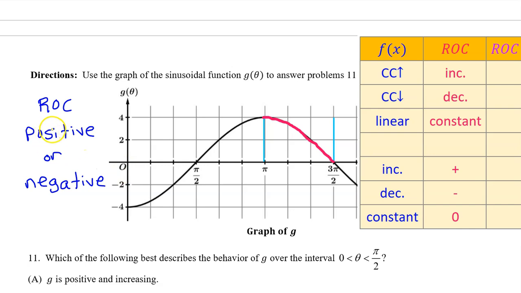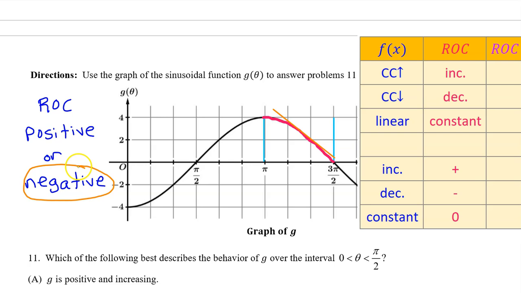Let's first decide if the rate of change is positive or negative. There's two ways to think about it. First, you can understand that the rate of change is the slope of the tangent line at any point. If you draw a tangent line at any point on this interval, you will see that the tangent line has a negative slope. Therefore, the rate of change is negative.